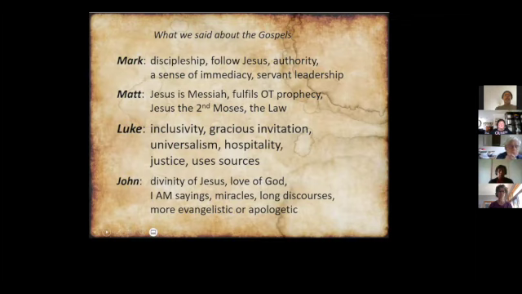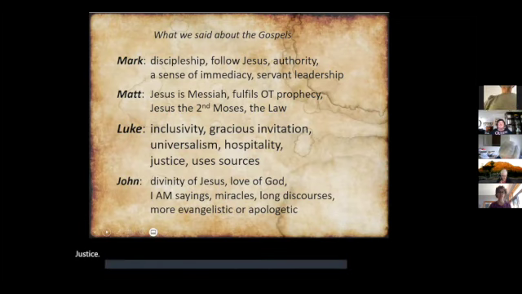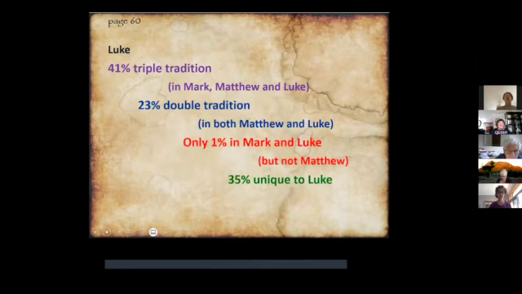And today we come to Luke, and Luke is commonly known as the gospel of inclusivity, of gracious invitation, universalism, hospitality, justice. And Luke tells us that he uses sources, so we don't know all the time, apart from Mark and Q, what they might be. And John is yet to come, and you can see there's some things set out for John, but we will move to Luke, or almost to Luke.